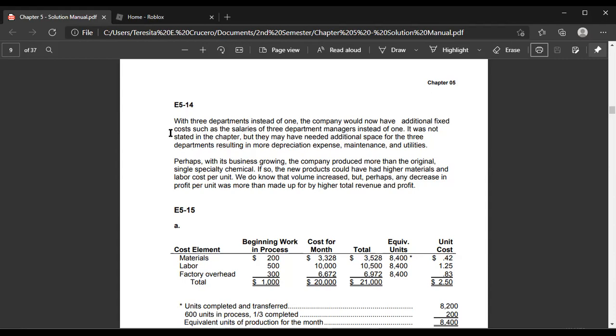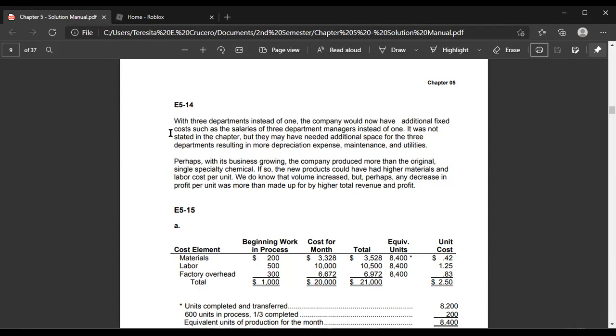Blending had 1,000 units in process beginning, two-fifths complete. During the period, 7,800 units were received from mixing, 8,200 units were transferred to the finished goods storeroom, and 600 units were in process at the end of the period.